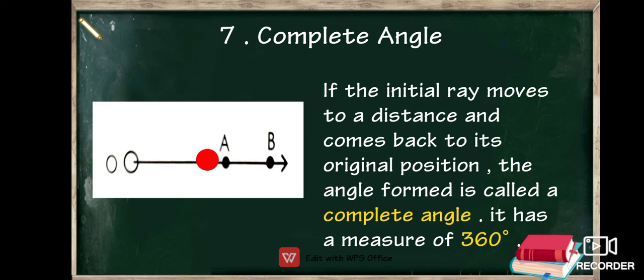So it came back to its original position. It is known as complete angle. Here you can see a circle formed. This measures 360 degree. Keep in mind, this measures 360 degree.